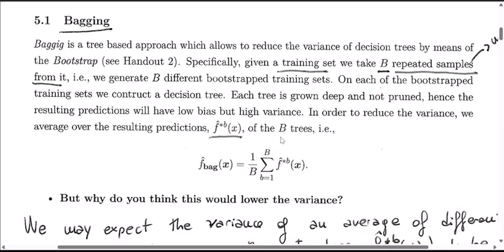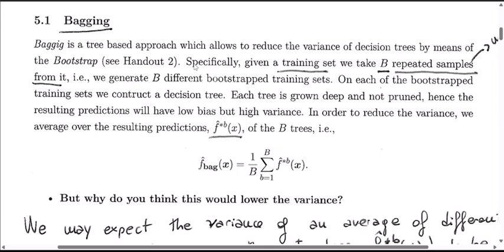Does that make sense? Now, when you take a look at bagging, I want you to see the difference between bagging and random forest. Even though in bagging we're trying to solve the problem of high variance, bagging will lower the variance, but it may not be able to lower that variance effectively.